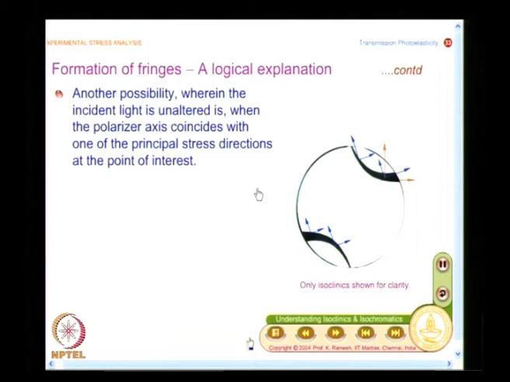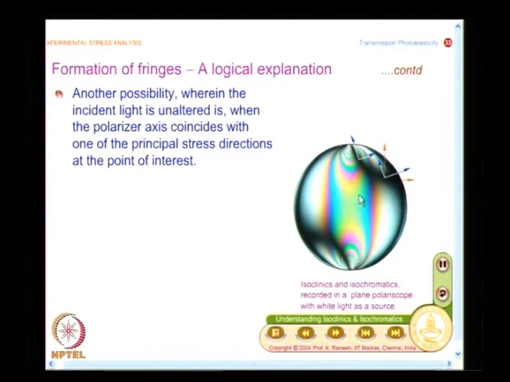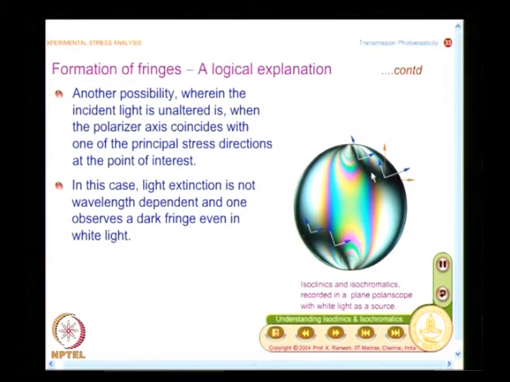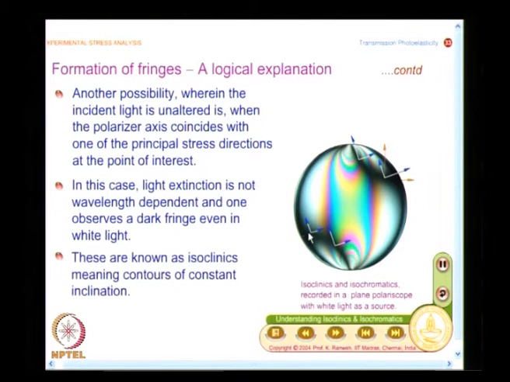And you have a picture of the actual fringe pattern seen in a plane polariscope, and this is the isoclinic, and this is the axis at the point of interest, and the orientation of these axes remains constant.